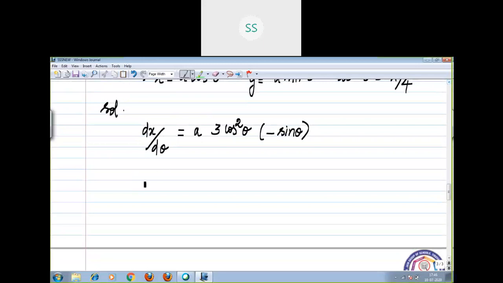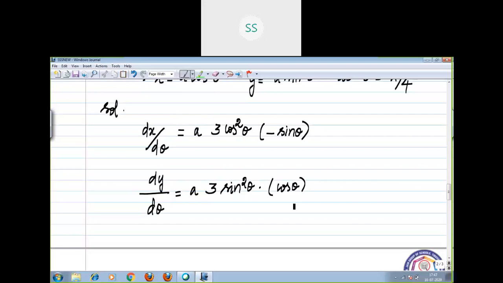dy by d theta equal to, here also a is constant as such. Sine cube. Here also you should consider sine theta as x. You are applying the derivative of x power n. So 3 into sine square theta. When you differentiate sine theta, what will you get?